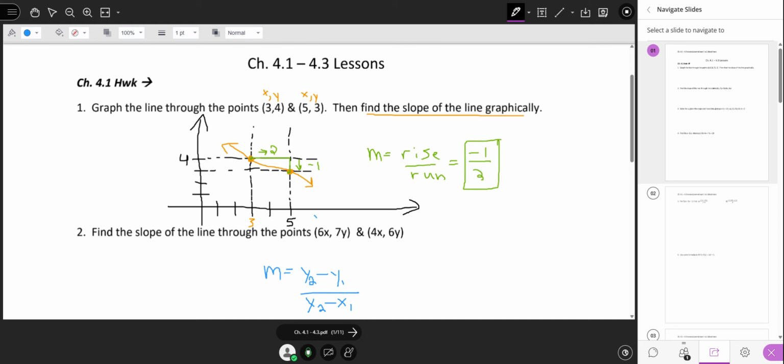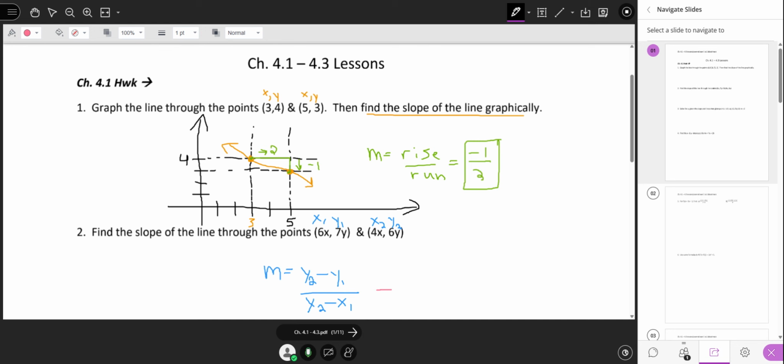So x1, y1, x2, y2. Always label points in this way, and that way you can just plug and chug with your formula.